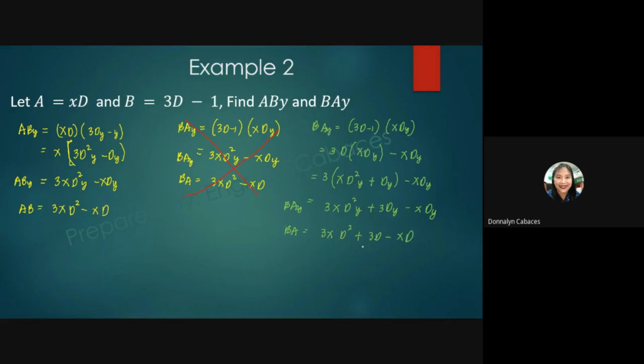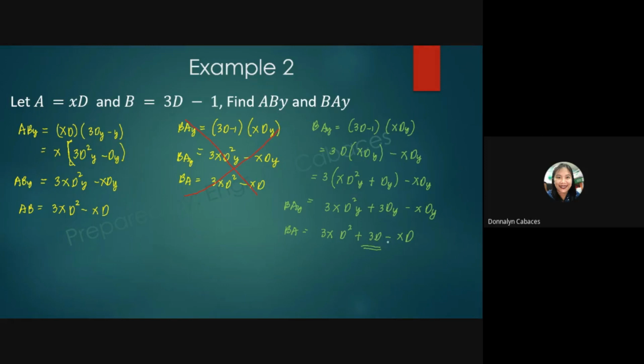So you notice that there is a difference now of the term 3D. Again, it is because you take this as the derivative of the product. The derivative of the product of x dy is x, the second derivative of y, plus dy times the derivative of x with respect to x.